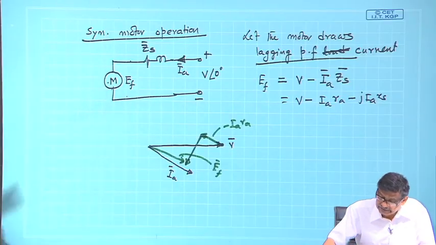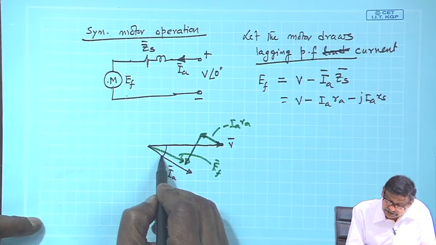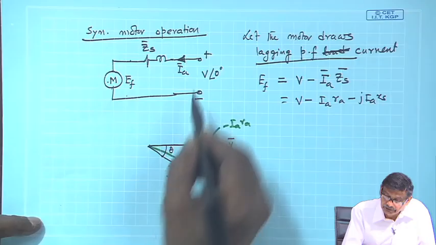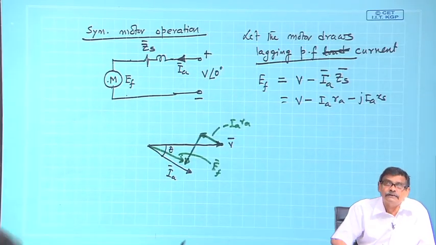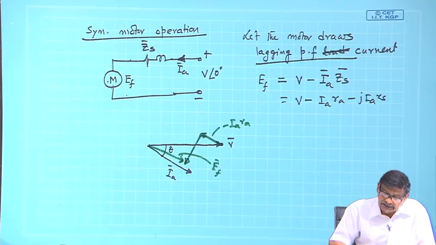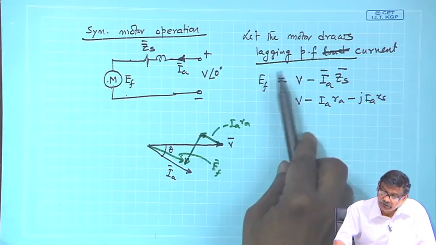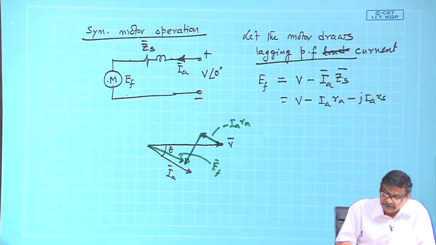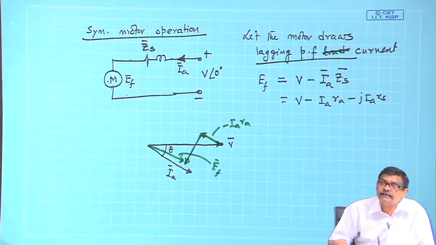and this angle is theta, the operating power factor of the machine, the angle between V and I a. So, this will be E f. One thing I can say: a motor draws lagging power factor current, and the length of E f is nothing but the length of excitation.